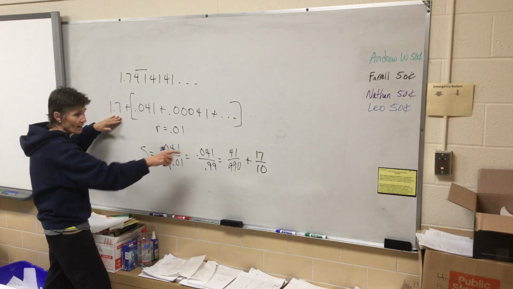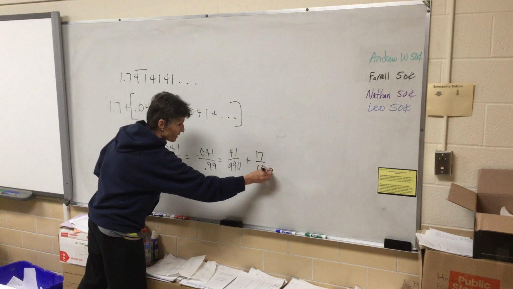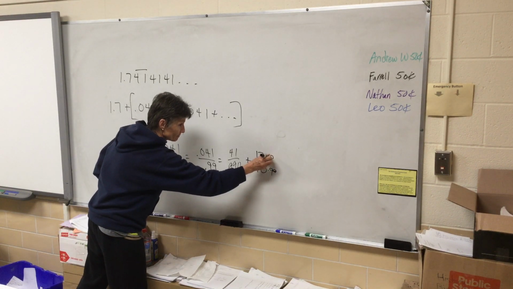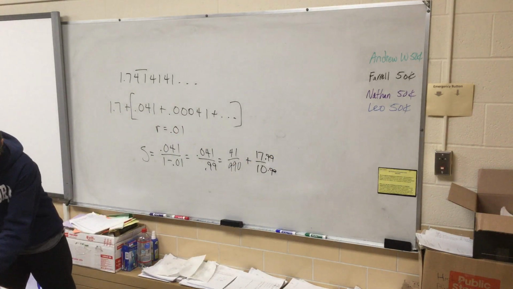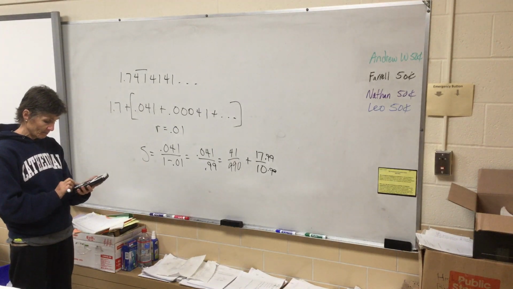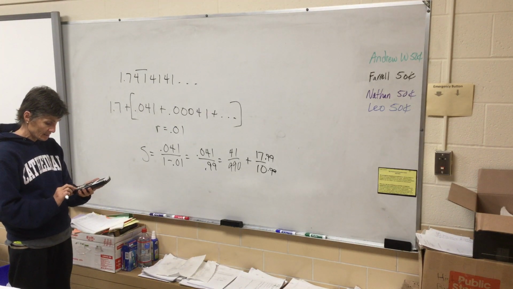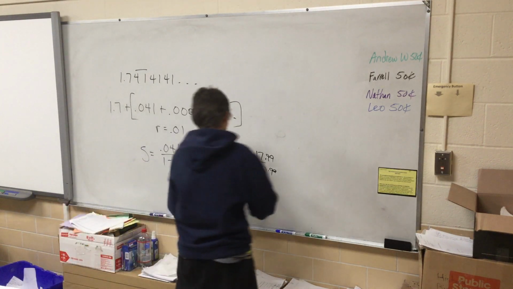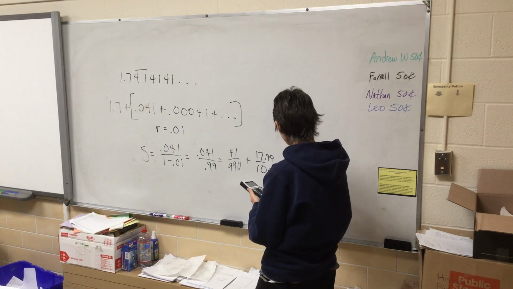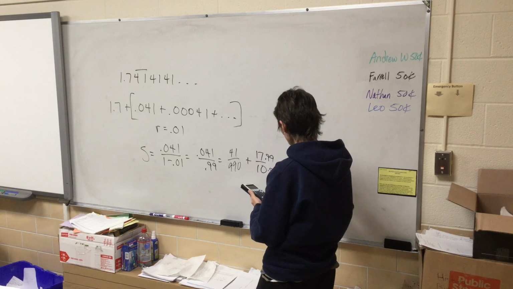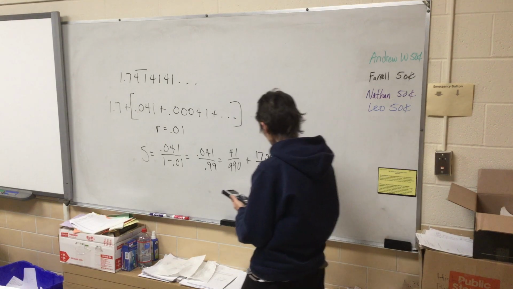So I'll get a common denominator by multiplying this one by 99. So then I'll have 17 times 99 plus 41. I'll have 1724 over 990.